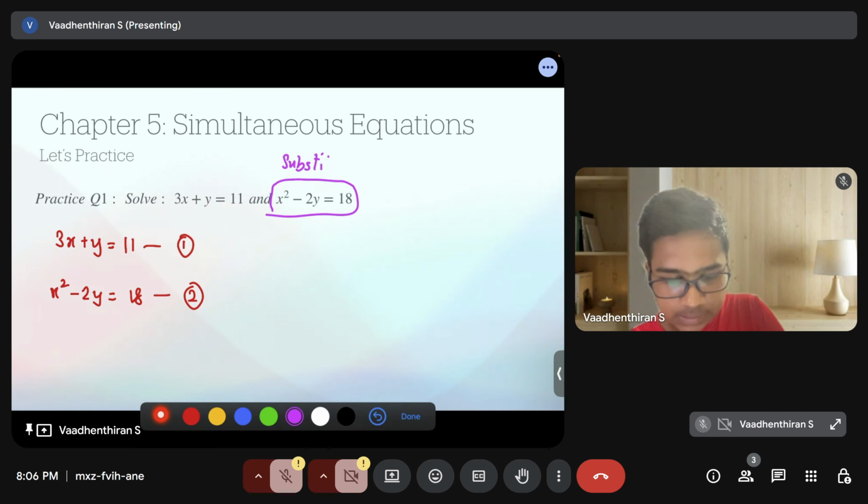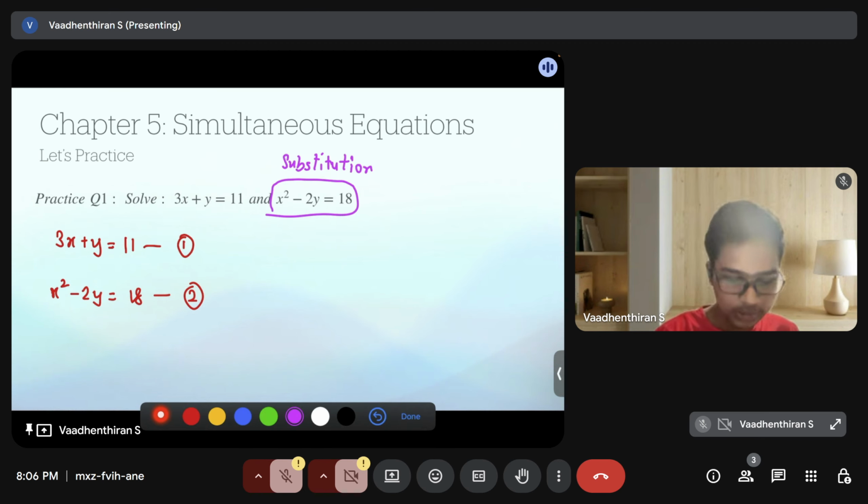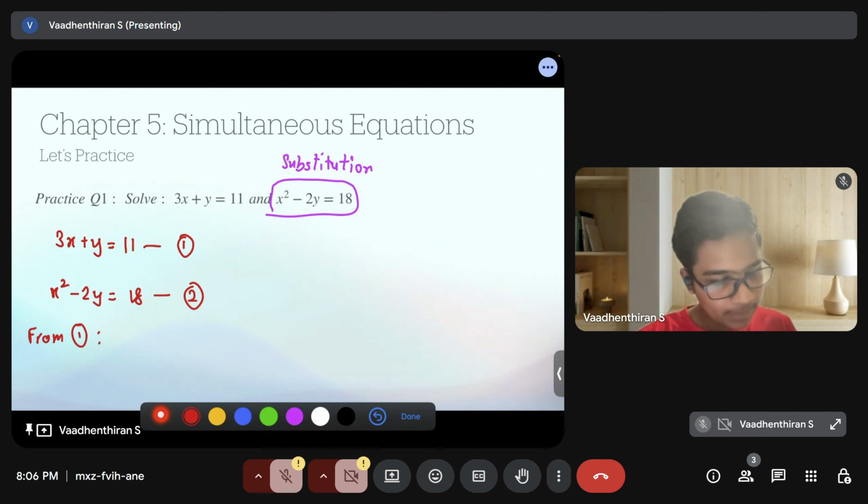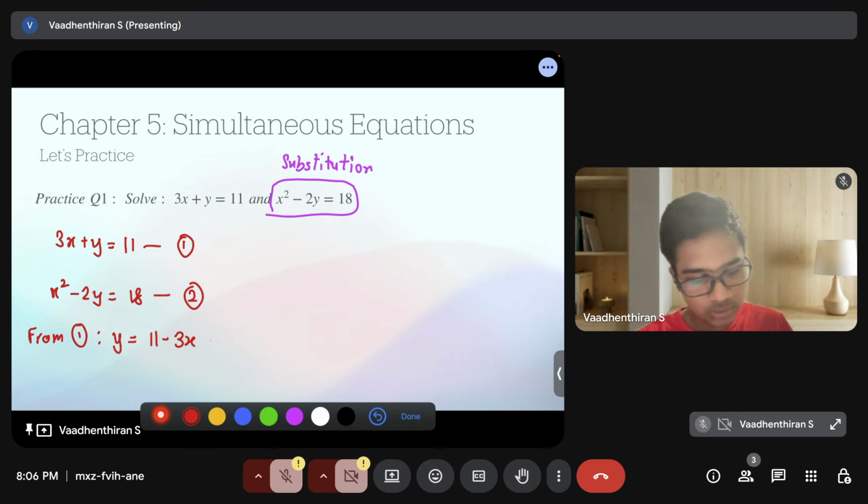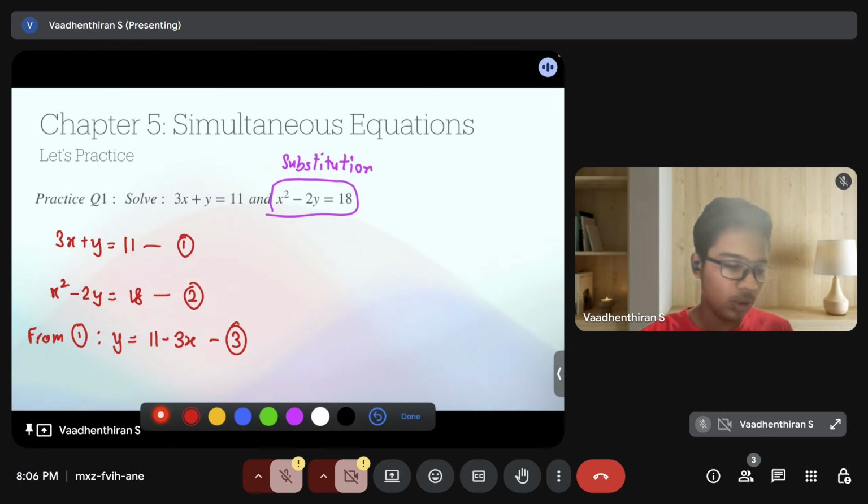Substitution is the best and risk-free way to go. So from 1, we get y equals 11 minus 3x. This is the third equation we got from 1. Now we substitute 3 into 2.